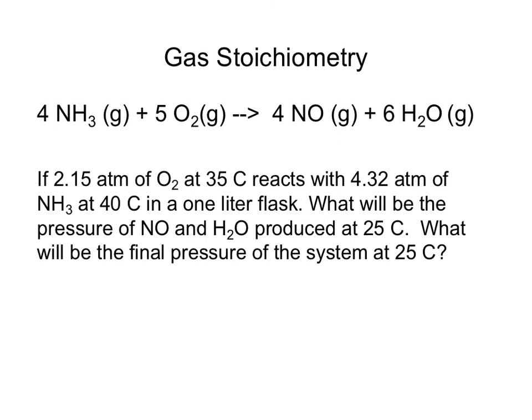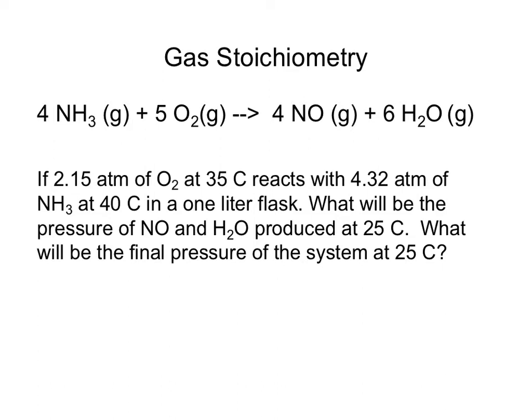I think that this is probably one of the hardest problems to do for the entire course, because it combines stoichiometry with the gas laws. For this problem, you've got your moles, 4, 5, 4, and 6 for this chemical reaction. And the coefficients here are going to be proportional to the moles.